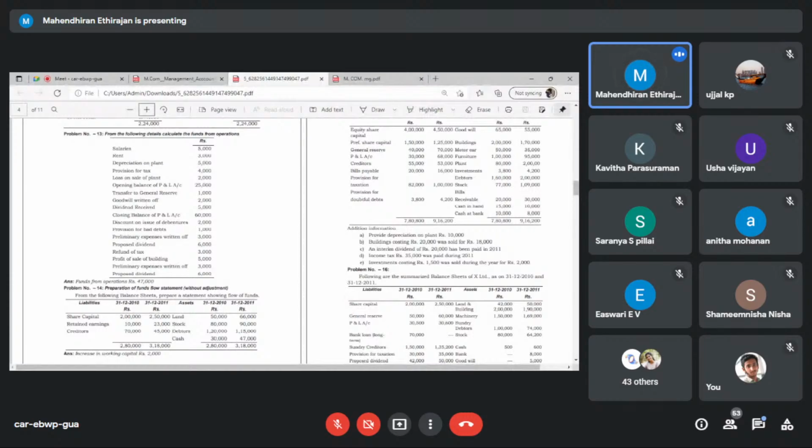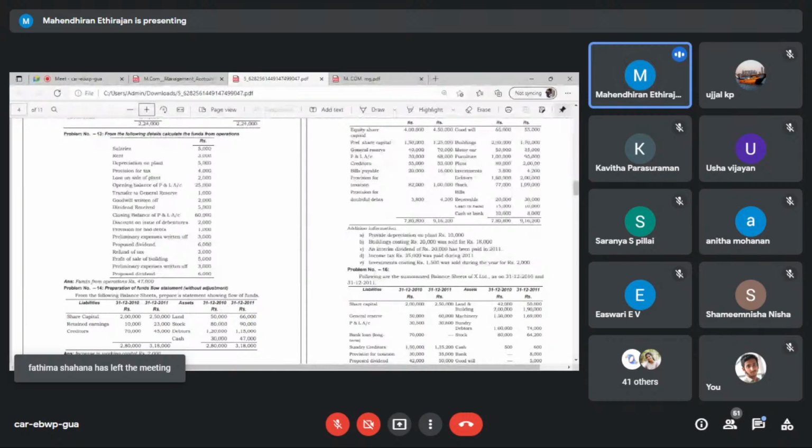Okay, no issues. See, if you want to prepare the adjusted P&L account, you can use both opening and closing. Otherwise, in the statement model, you take the closing balance as the net profit of 60,000. Add some loss and whatever it may be. One minute, I will show you that answer.